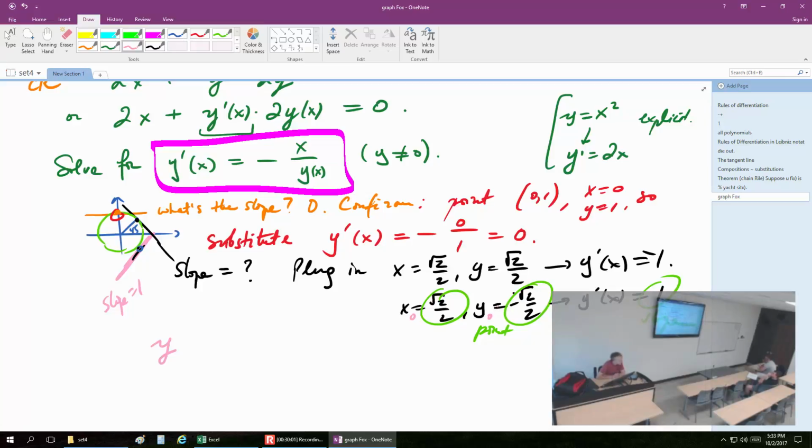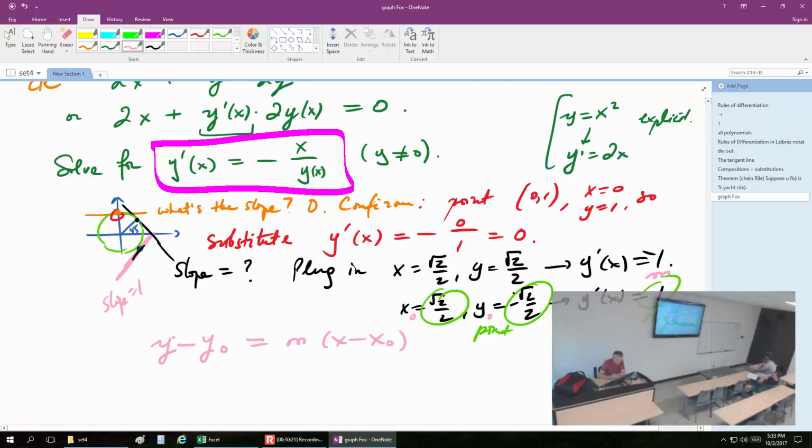So remember the point slope formula: y minus y naught equals m times x minus x naught. That's the point slope formula. We have m over here, and then we have x naught, y naught over there.